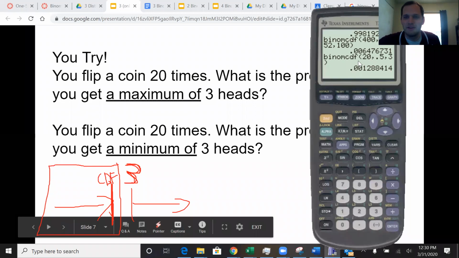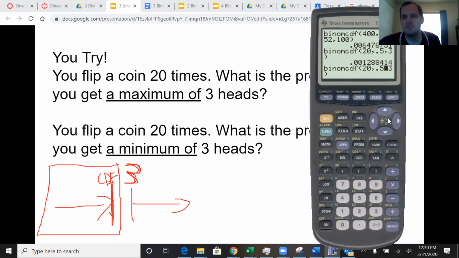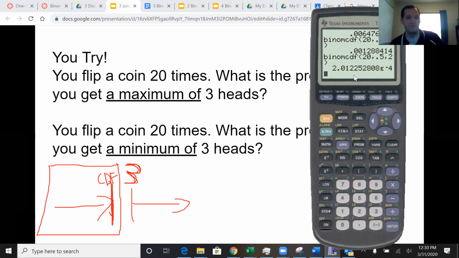So I'm going to get my handy dandy calculator. I'm going to change it to a 2. Okay. At most 2. And that gives me almost 0. Okay. What's the probability that at most 2 of them are heads? It's almost nothing.